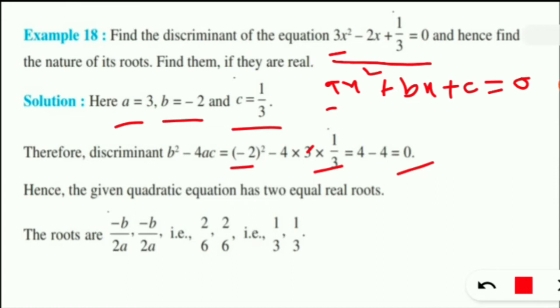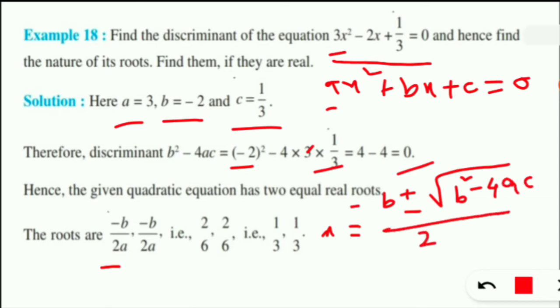Clear? That means minus b by twice a and minus b by twice a, because we know that x equals minus b plus minus under root of b square minus 4ac divided by twice a.